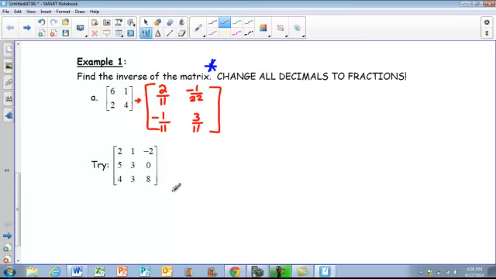Okay, so go ahead and pause now and fill in this next one into your calculator and find the inverse. So again, you're filling in all this information and then taking the inverse of it.